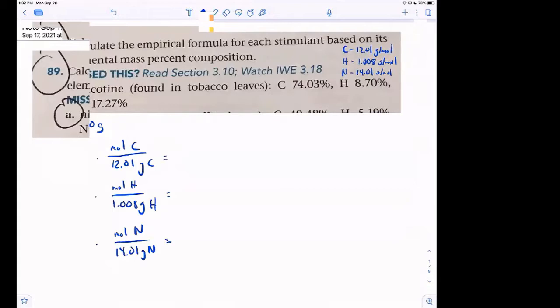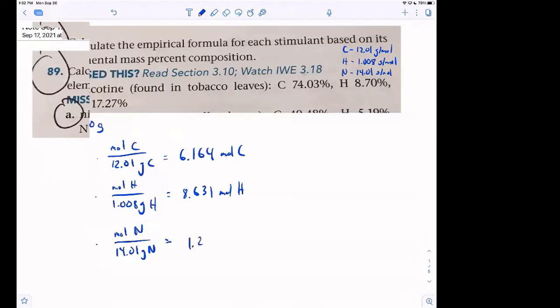Doing this, you get 6.164 moles of carbon, 8.631 moles hydrogen, and 1.233 moles nitrogen. What do you do next? You divide by the lowest number, which is 1.233.